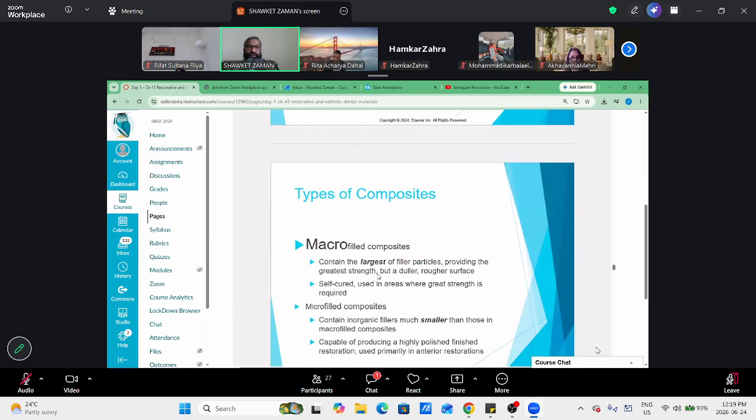Now let's talk about the macrofill. That means their particle size is large. The largest filler particle size is used in this composite filling material, and it is filled with large particles. It is self-cured. It reacts with each other as it goes from a soft, pliable state to a hard stage.